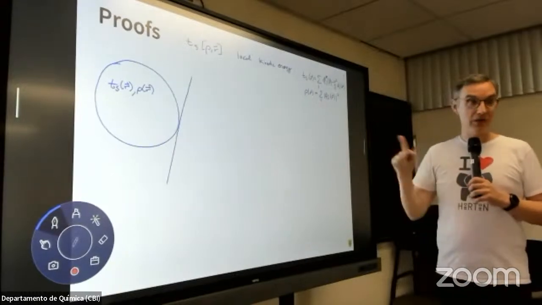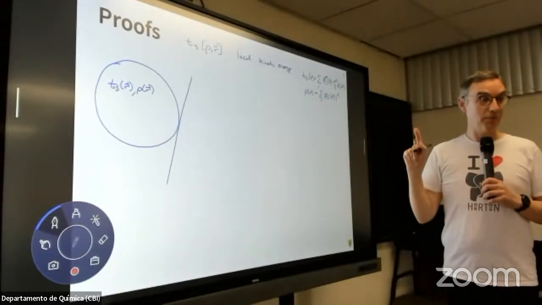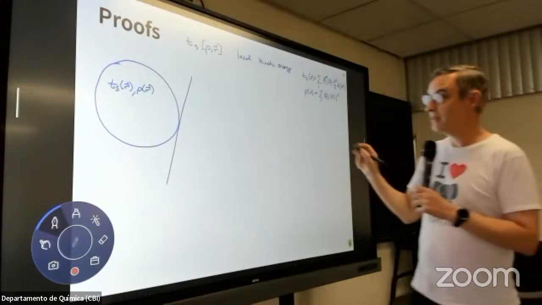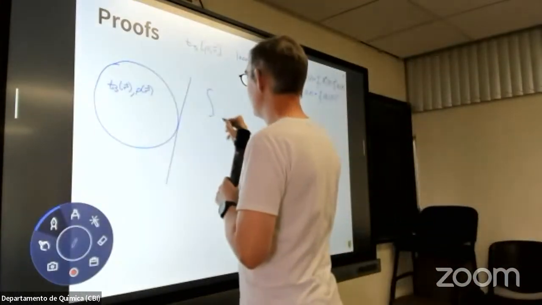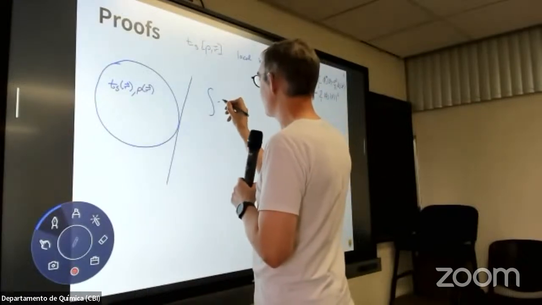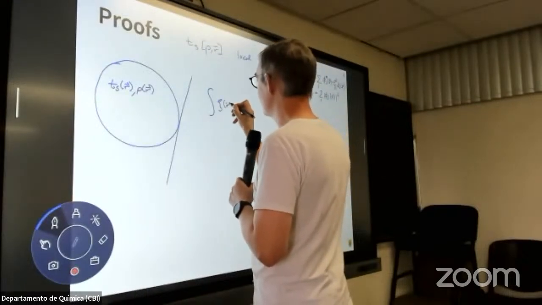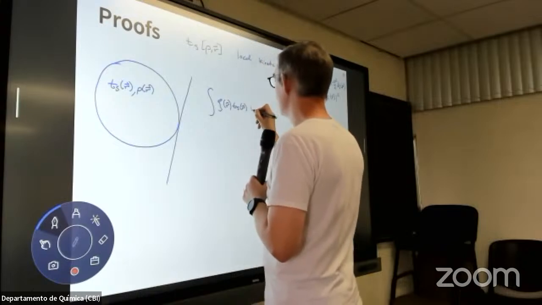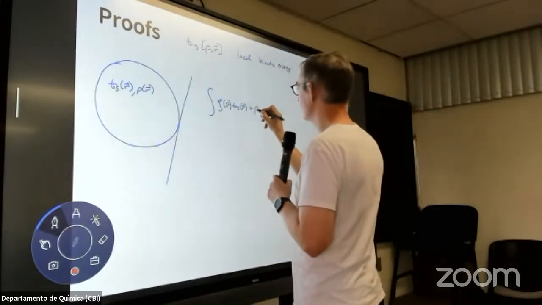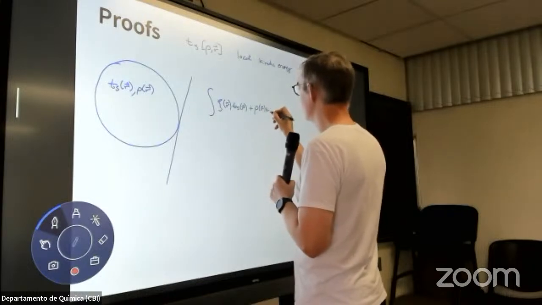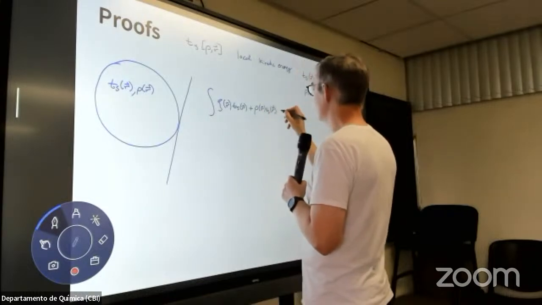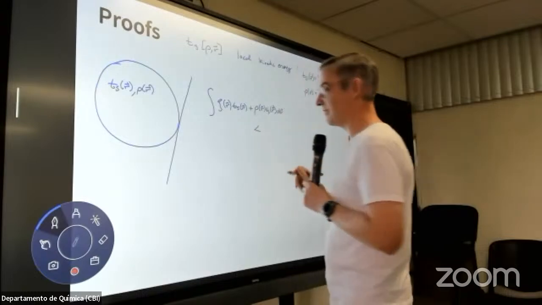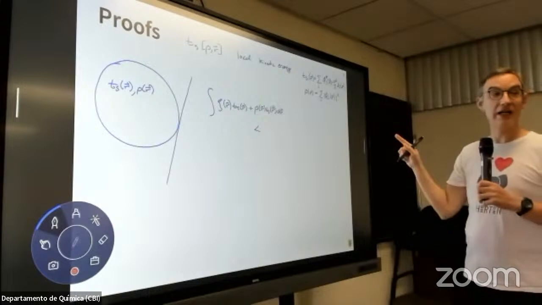And again, if I'm not inside the convex set, so I have a bad Ts and rho, what does that mean? That means that the integral of something I'm going to call... is less than whatever the ground state for this system is.